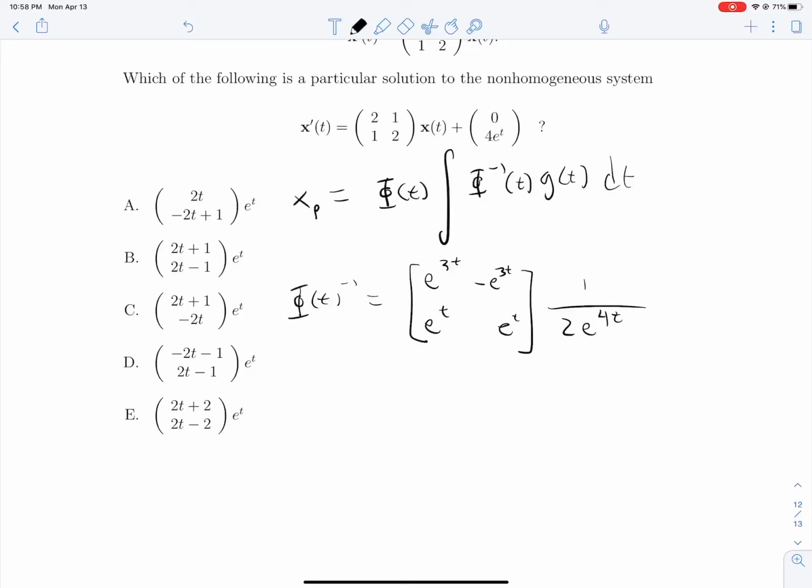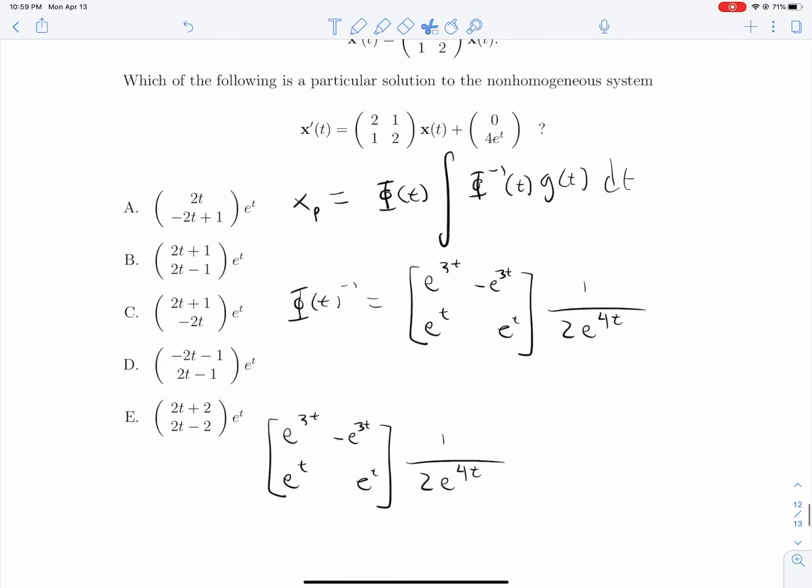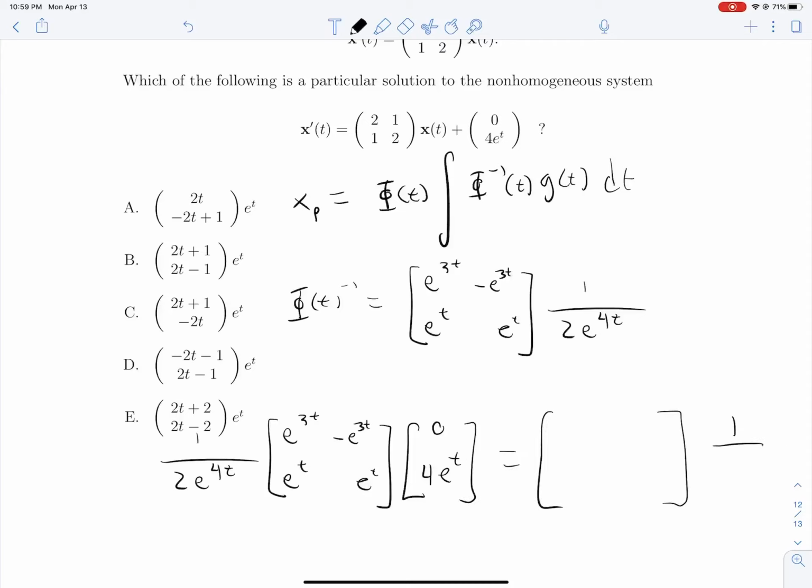In fact, before I put down an integral, let's compute this guy, our inverse, multiplied by g of t, which is just 4 e to the t. This gives us 1 over 2 e to the 4t, and in here we get minus 4 e to the 4t and 4e to the 2t.